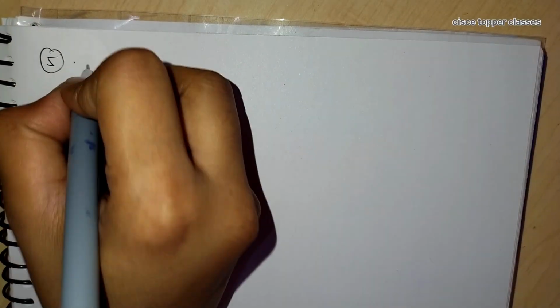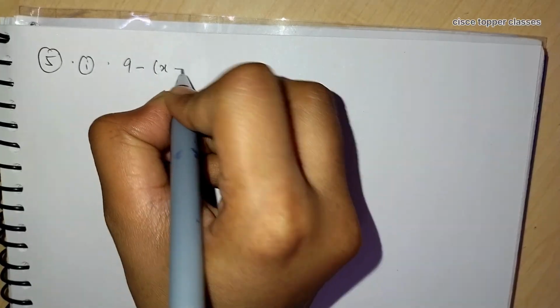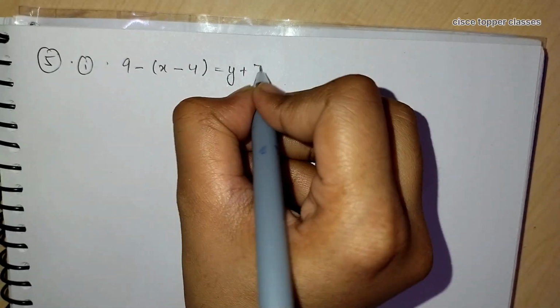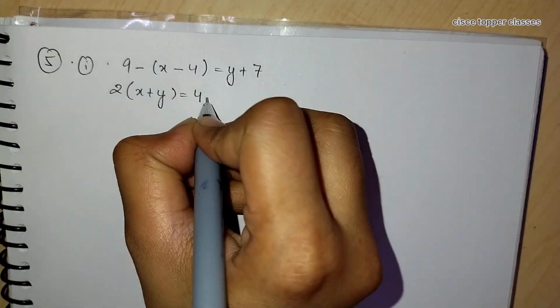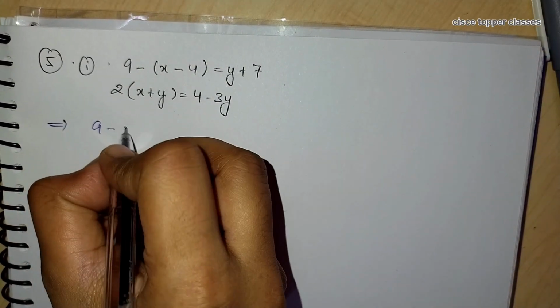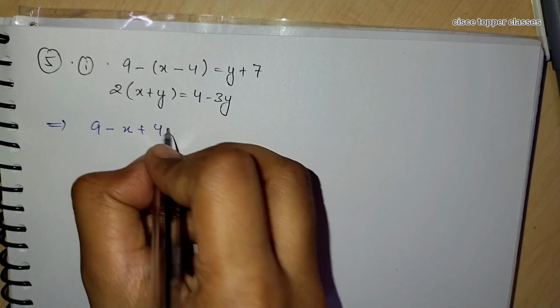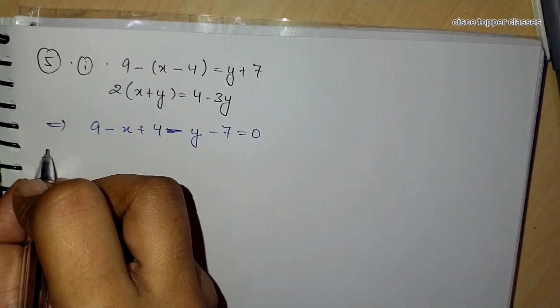Now let us solve the fifth question's first part, which is 9 minus x minus 4 is equal to y plus 7. The second equation is 2x plus y equal to 4 minus 3y. We can write this part as 9 minus x minus 4 minus y minus 7 equal to 0.